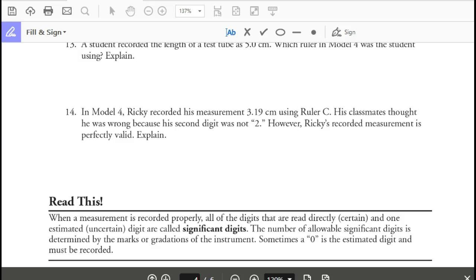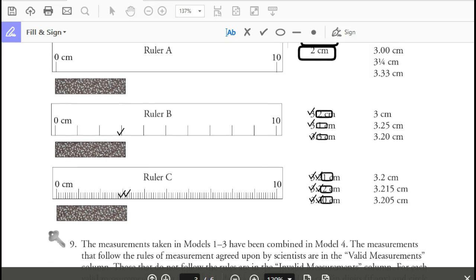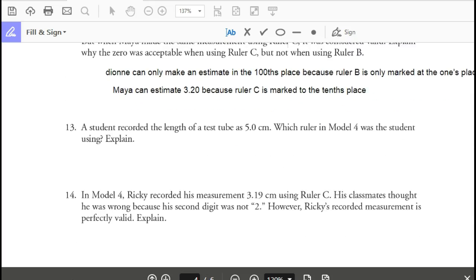And number 14, in Model 4, Ricky recorded his measurement of 3.19 centimeters using ruler C. His classmates thought he was wrong because the second digit was not a 2. However, Ricky's recorded measurement is perfectly valid. Explain. And that's because ruler C is marked to the tenths place. So remember, B was marked at the ones place, ruler C was marked at the tenths place, and then you always estimate a digit over the marking.